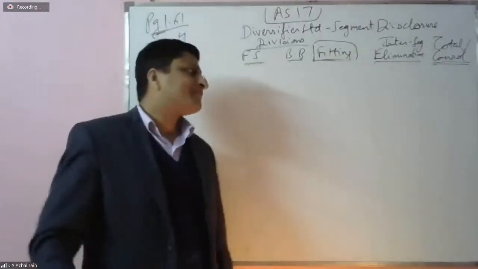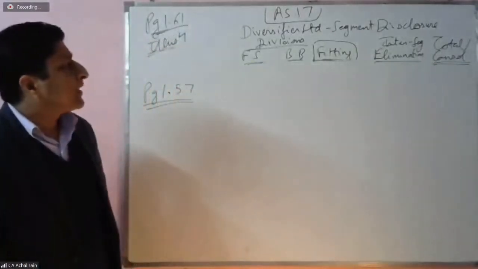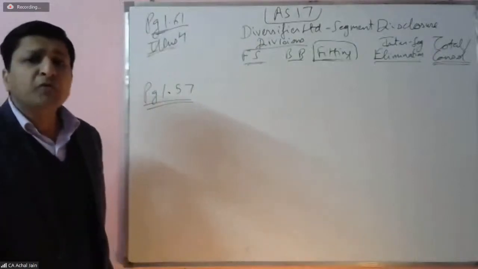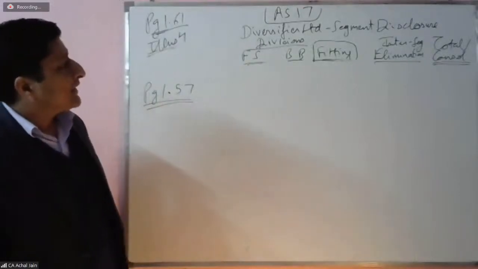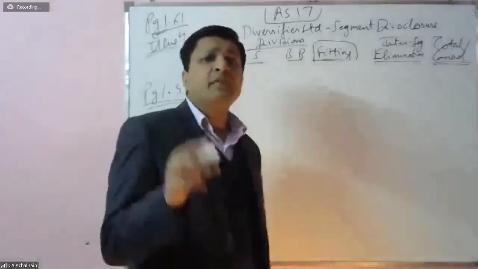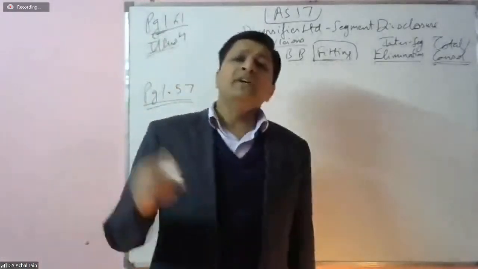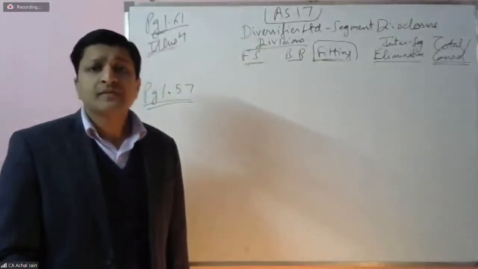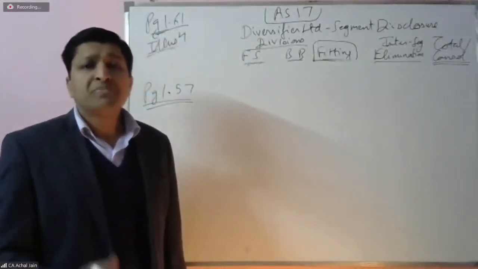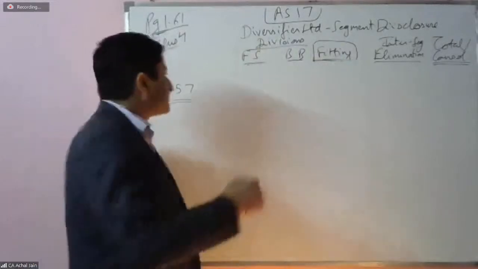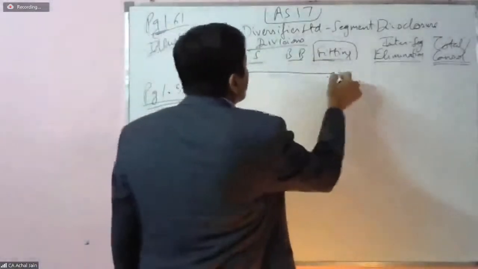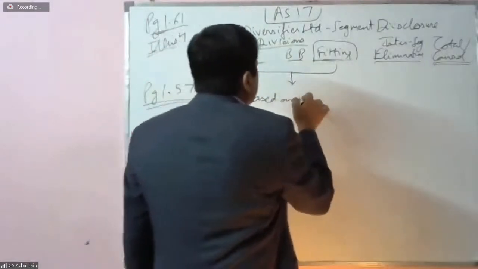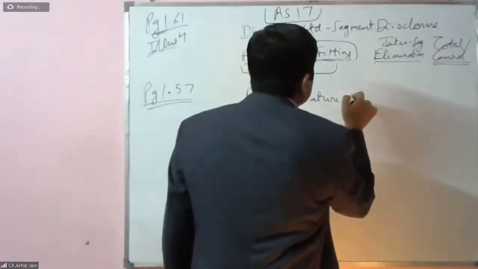Correct? If we analyze the segment information, what do we find? Segments have been reported by the entity on the basis of its business information. So this segmental information is based on nature of business.